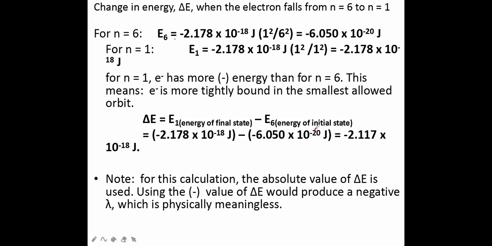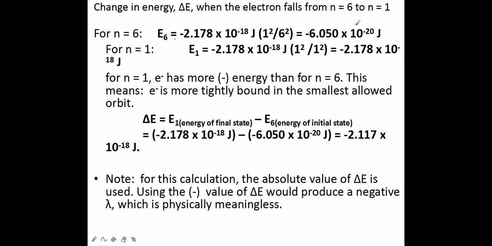So we've calculated for both level 6 and level 1, and they are both negative values. Now remember, our formula is energy of the final state minus energy of the initial state. Final minus initial.